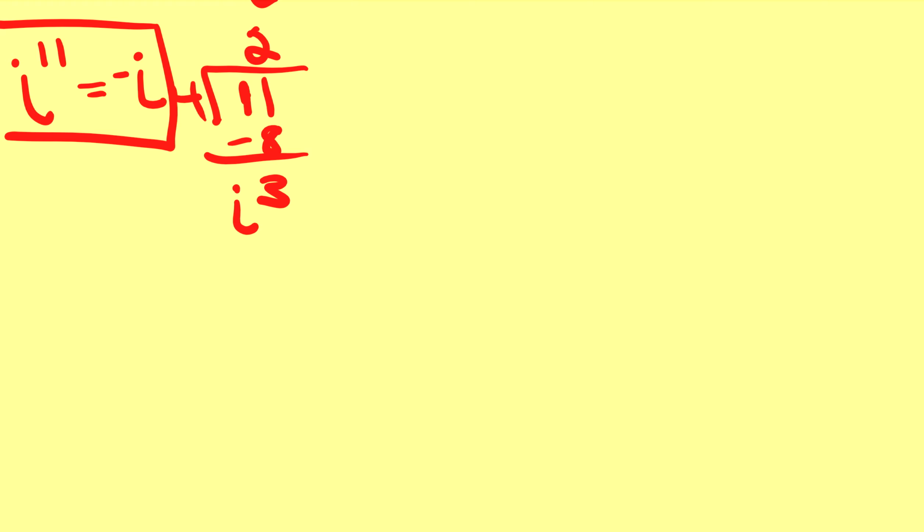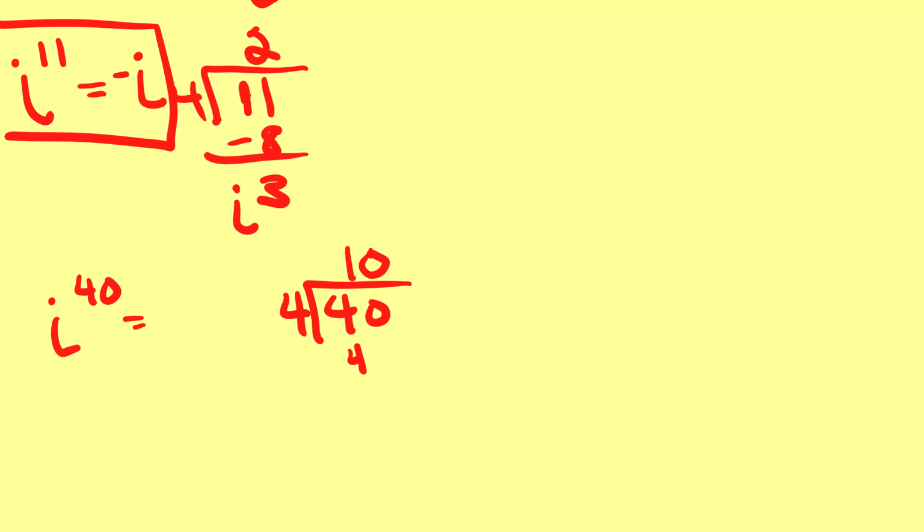Okay, last one, i to the 40th. I have to simplify that. 40 divided by 4 is 10 times. 10 times 4 is 40.